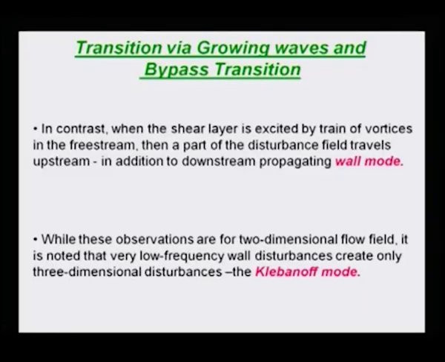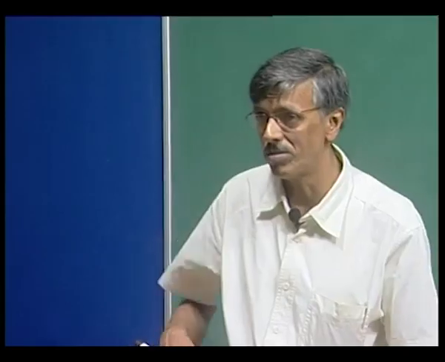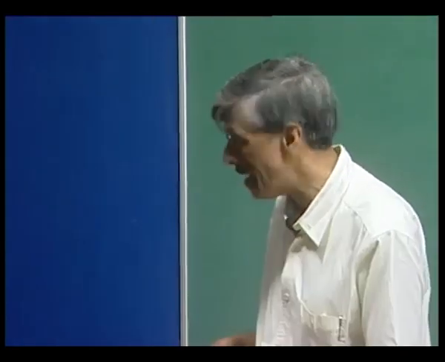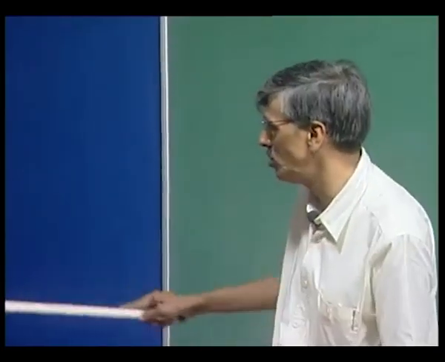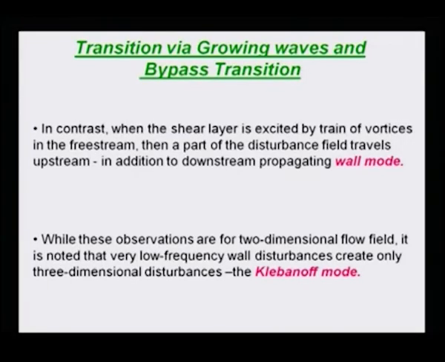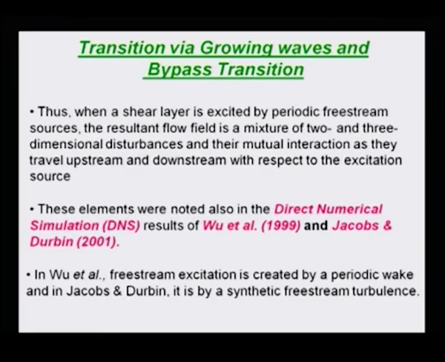Now, when the shear layer is excited by a train of vortices in the free stream, then a part of the disturbance field travels upstream in addition to this wall mode. Okay. We also noted very clearly that if we create a disturbance even inside the shear layer but at very low frequency, then we do not create any two-dimensional disturbance field. Instead, we create a three-dimensional disturbance field, which we call the breathing mode or the Klebanoff mode, right? So this is basically a quick summary of what we have been talking about.